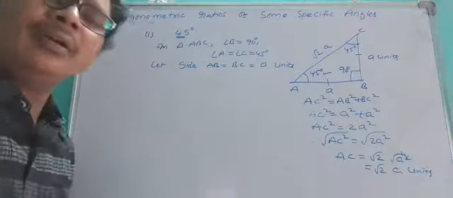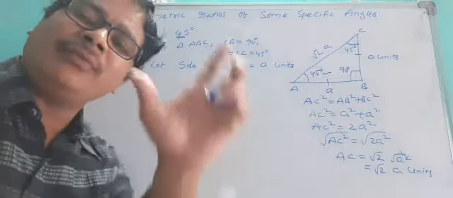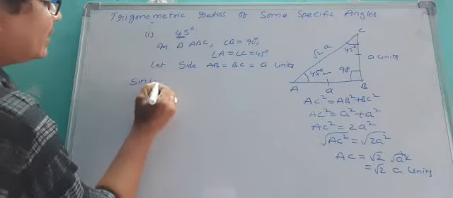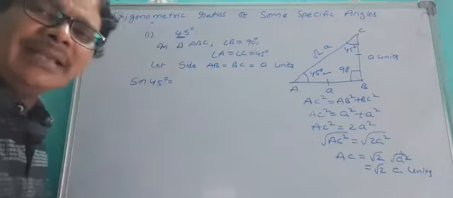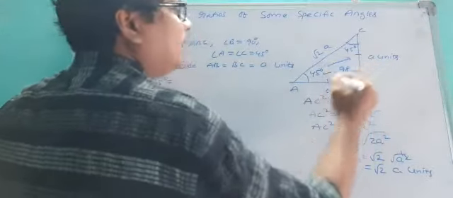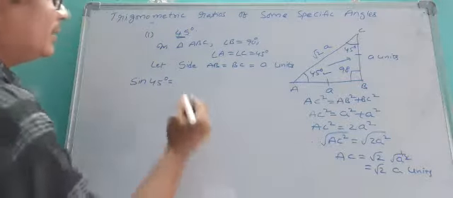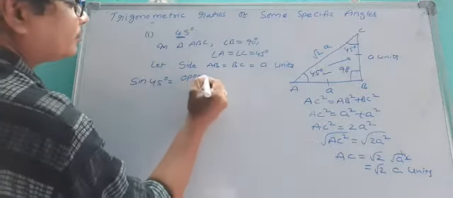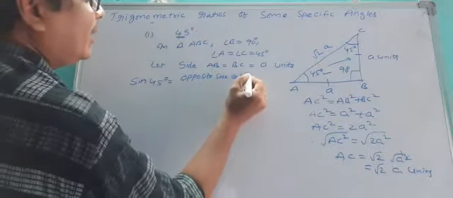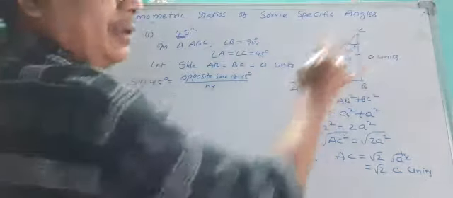Now we have to find all trigonometric ratios, as the lengths are already found. Now sin 45 degrees. What is meant by sine? Sine 45 means the opposite side of 45 degrees by hypotenuse. You take any 45, no problem at all.